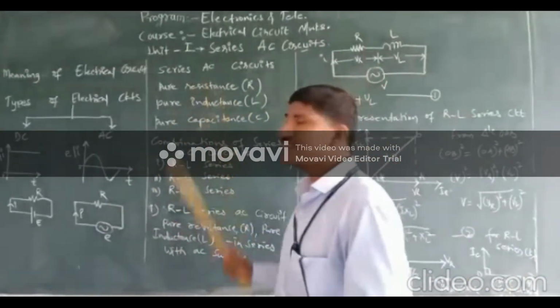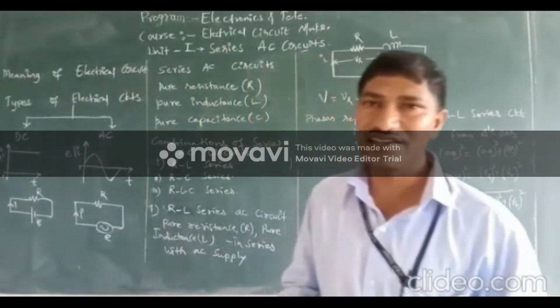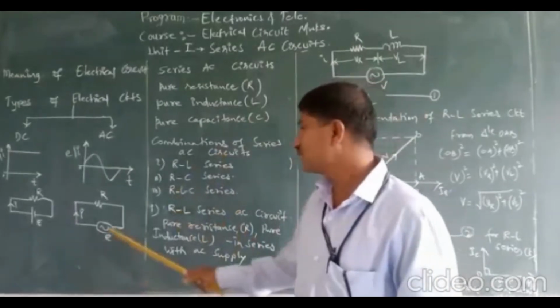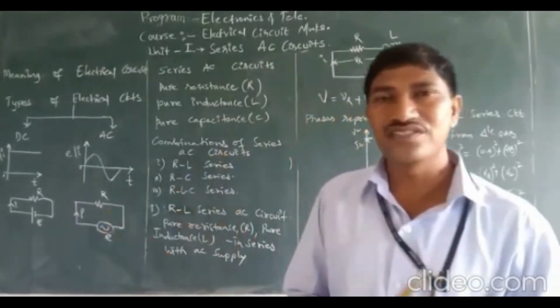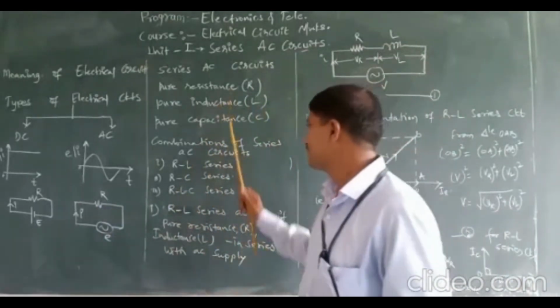Now with respect to series AC circuits, each component, either resistance, inductance or capacitance, is connected in series with the AC supply source. This is the very basic definition of series AC circuit.